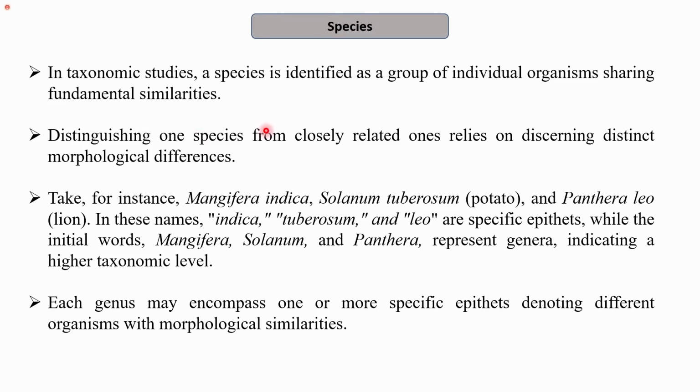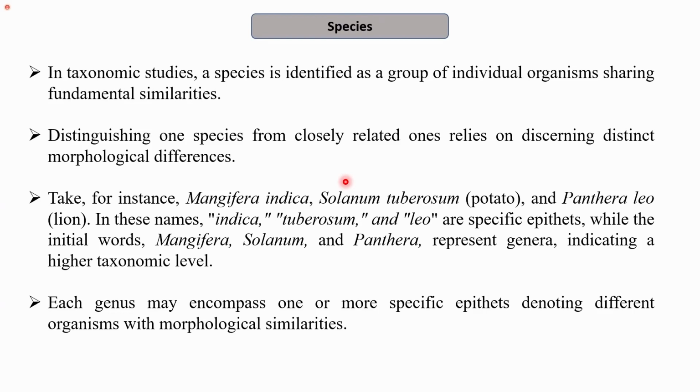Distinguishing one species from closely related ones relies on discerning distinct morphological differences. There might be very minor morphological differences that allow us to differentiate between two species. For example, Mangifera indica, which is mango, Solanum tuberosum, which is potato, Panthera leo, which is lion.